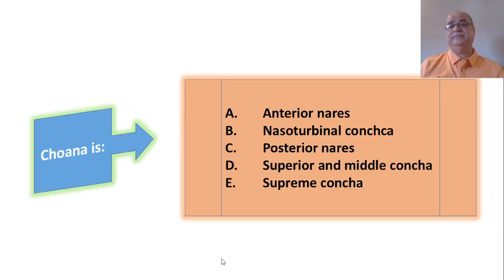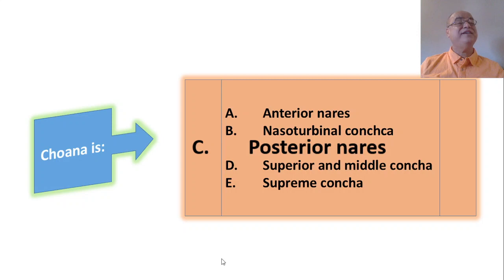Choana is the posterior nares. The word choana itself means posterior opening. So there is no anterior choana. There is anterior nares and posterior nares, and posterior nares is equal to choana.